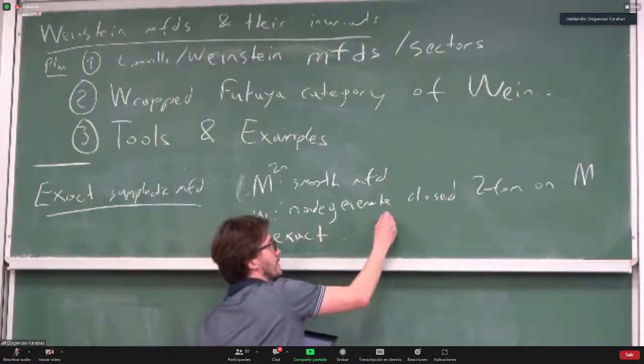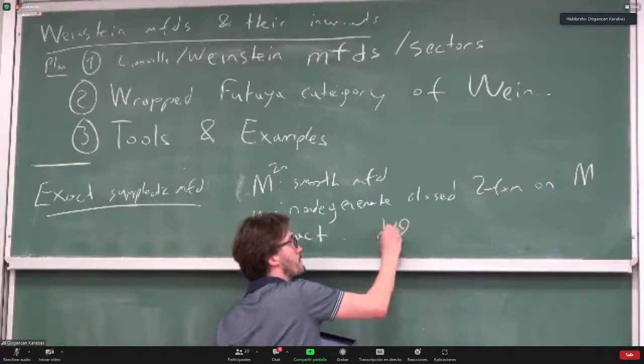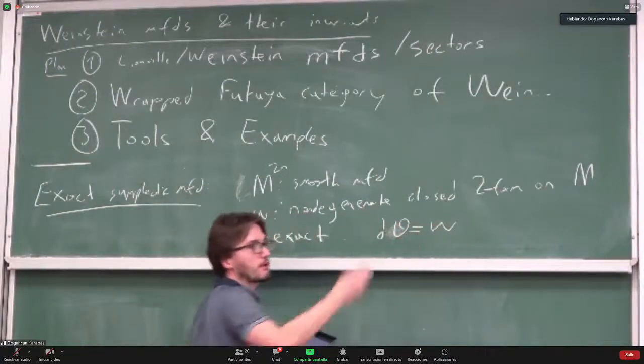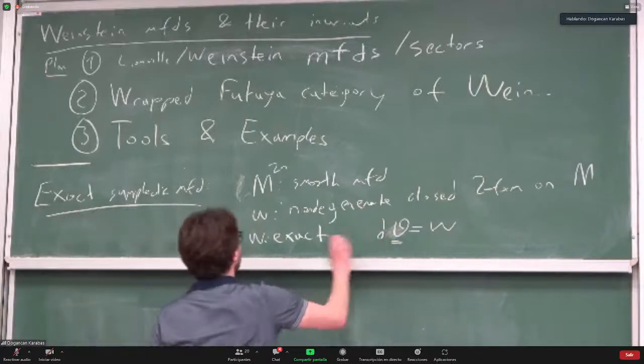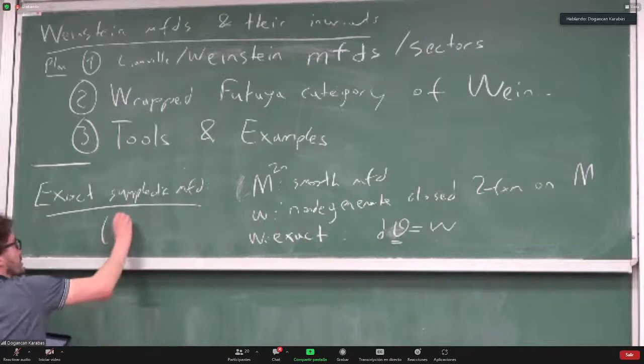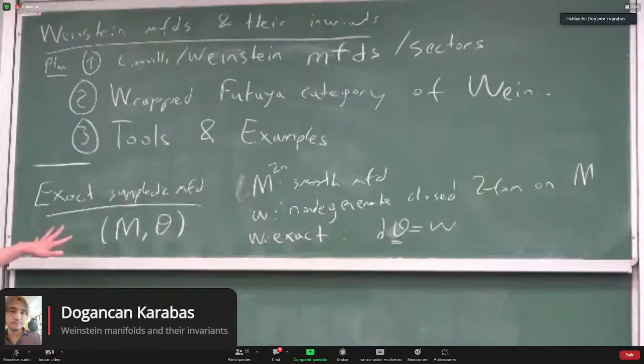Which means there is a one-form, I call it theta, and that's part of the data. So some properties: this needs to be non-compact.